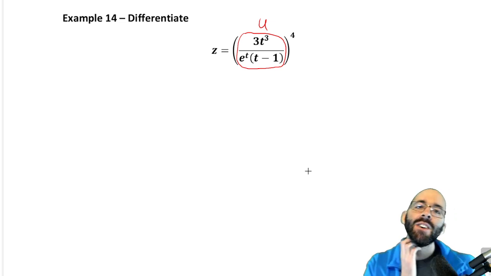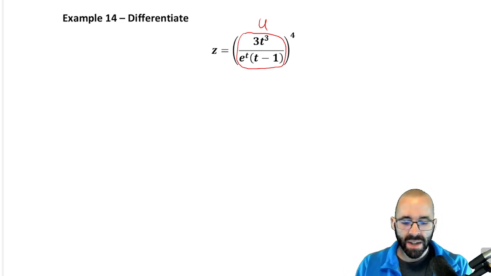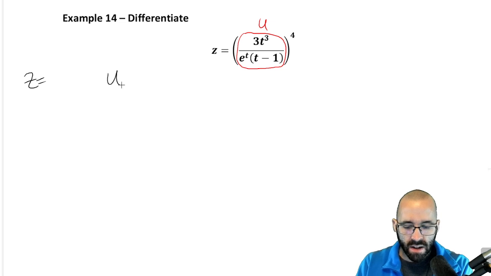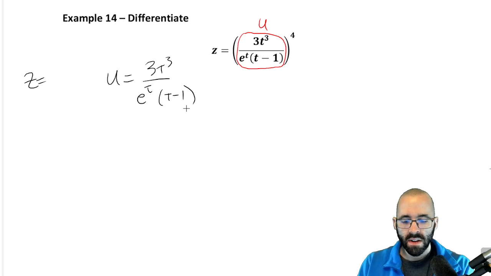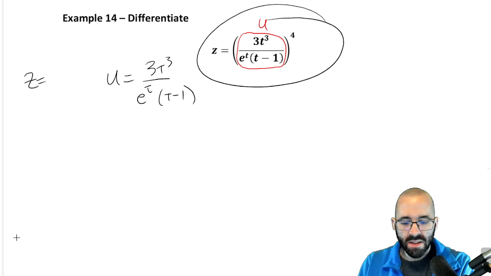Okay. So, and then we're going to need to find the derivative of u because chain rule. So z is some function being applied to u, and u is that 3t cubed over e to the t times t minus 1. z is going to be what's happening to the u. u is getting raised to the 4th power.